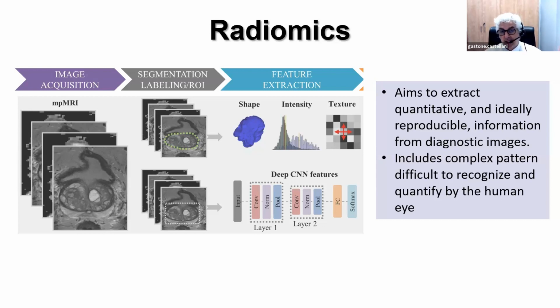So we have tabular data. The rows are the patients and the columns are the features. And we want to use these features, after feature selection and dimensionality reduction, to predict some clinical outcome.